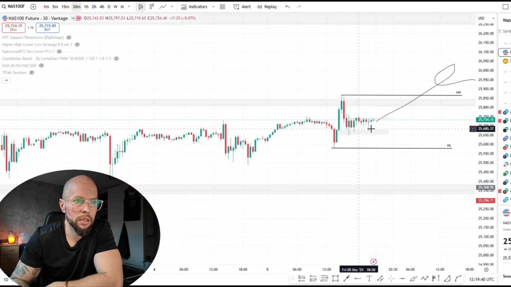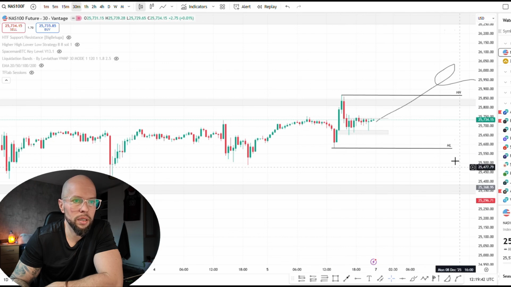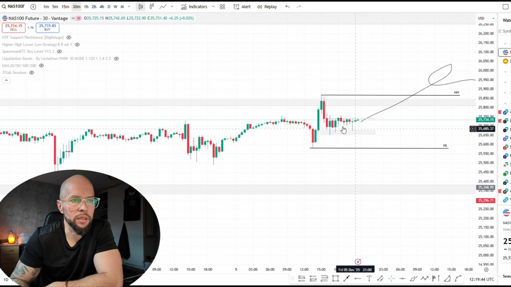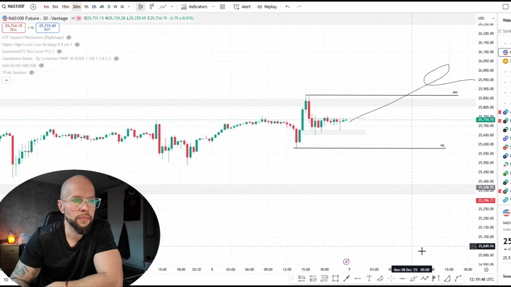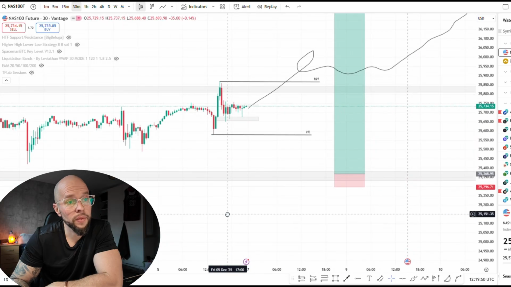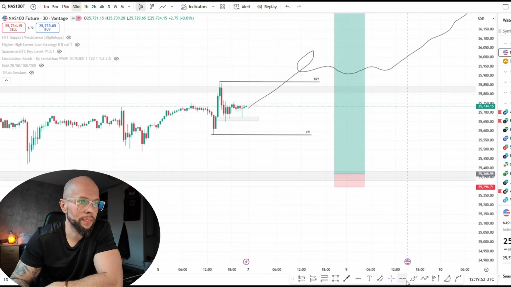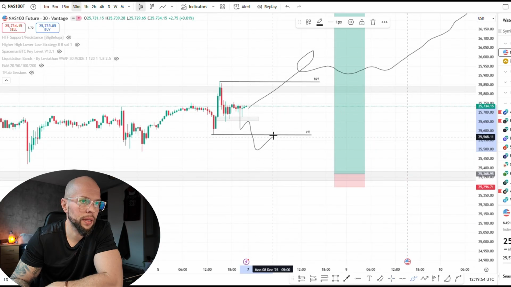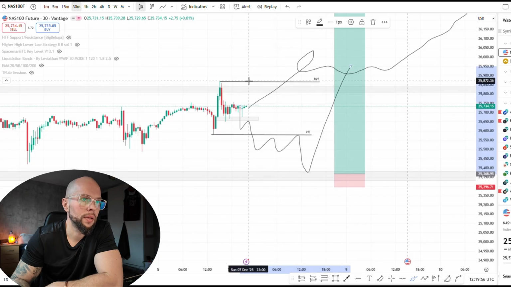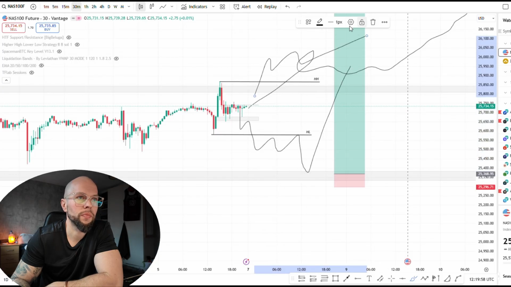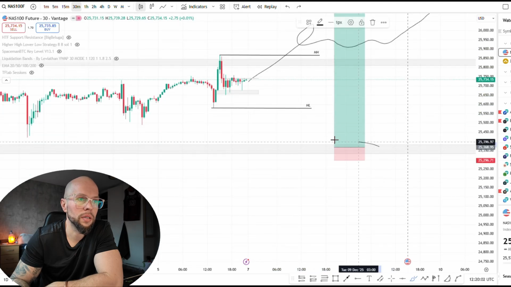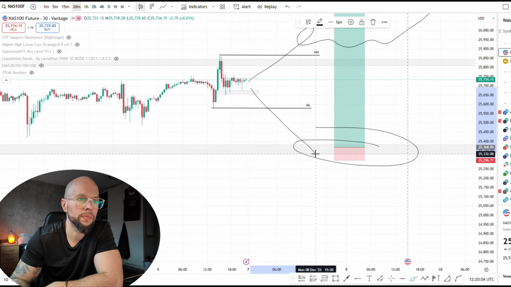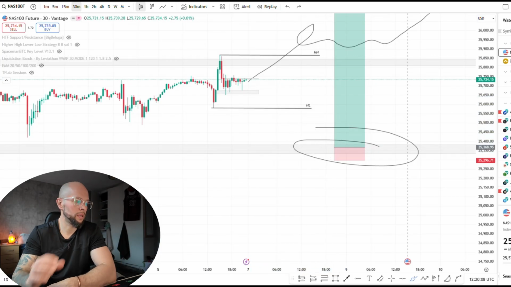Accumulation, and here is going to be our confirmation. Upside, bullish, bearish. Boom. So if we enter, we enter here only. Let's see what happens on Monday.